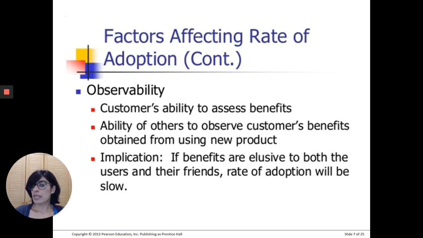So the implication is that if the benefits are not easy to observe, then your rate of adoption will be slow. So if I don't see the benefits myself, I'm not going to tell anybody else about this product. But if it's very, very difficult for other people to observe me using your product, then you'll be having quite a battle in actually getting your product out into the market.